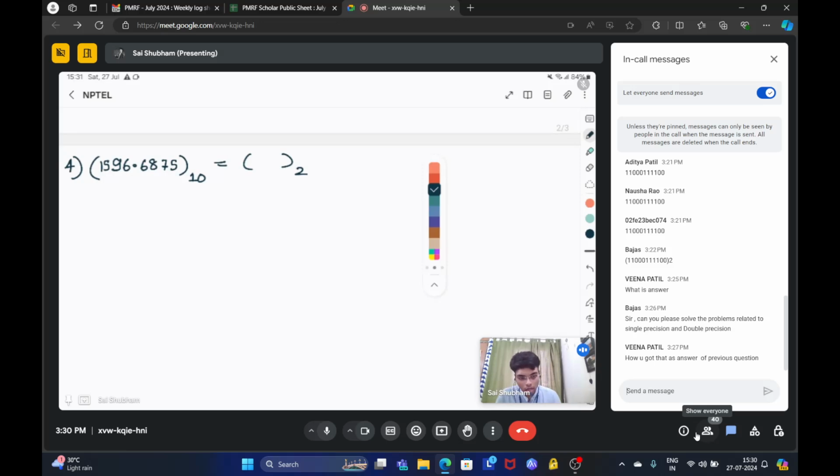Hello Bajas. You have mentioned that problems need to be solved regarding single precision and double precision. Can you elaborate? What are you exactly asking? Are you asking about the floating point? Okay.